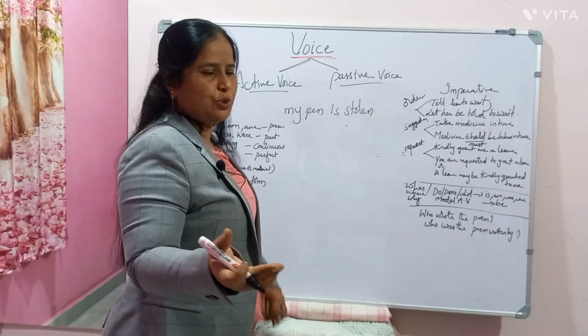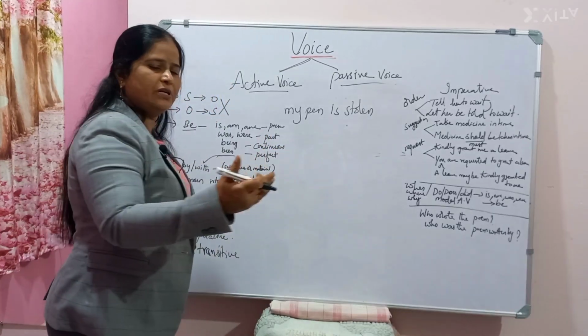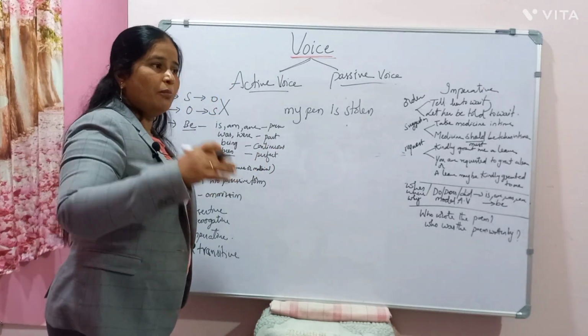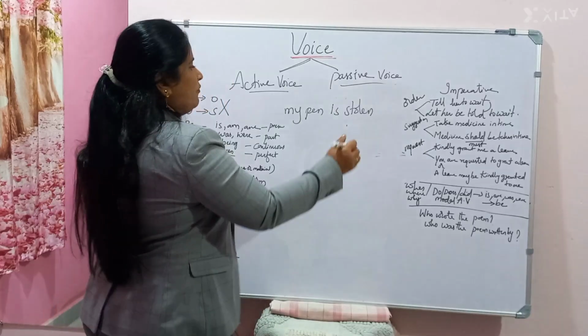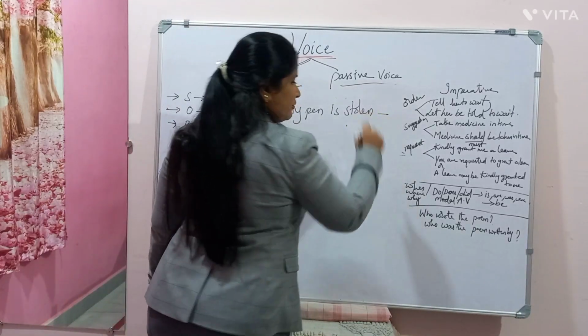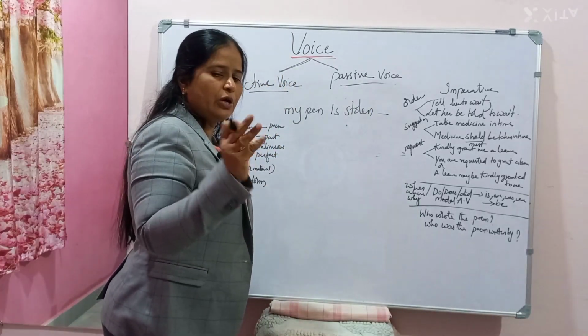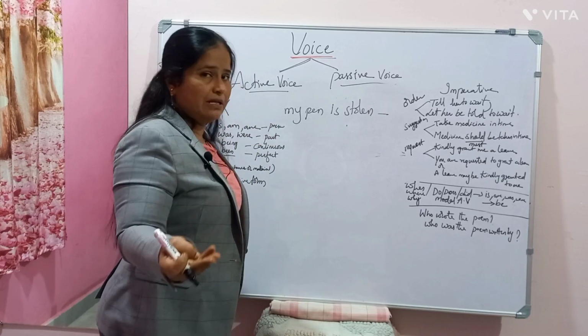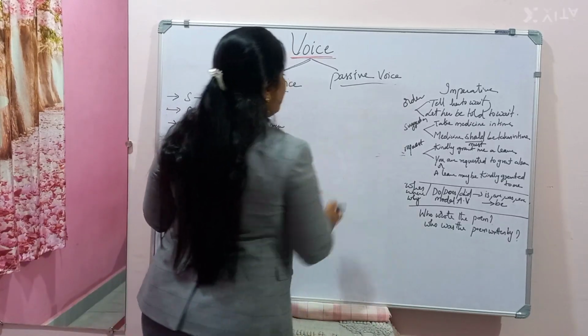It's clear to us, it's obviously by the election commission. So by election commission we need not say. At that time also we omit. When we are unknown, when we are unaware of it, when we want to hide it, and when it is clear also, in these three situations we don't use the by here.